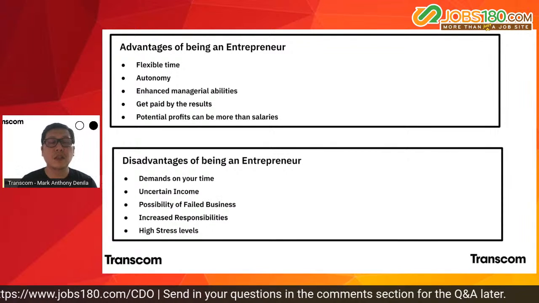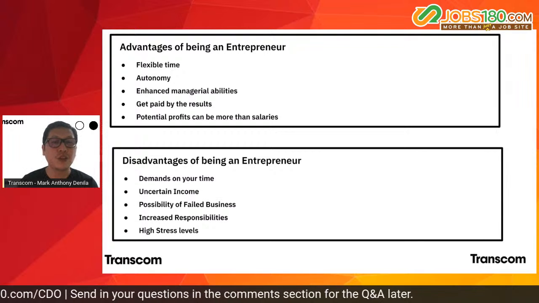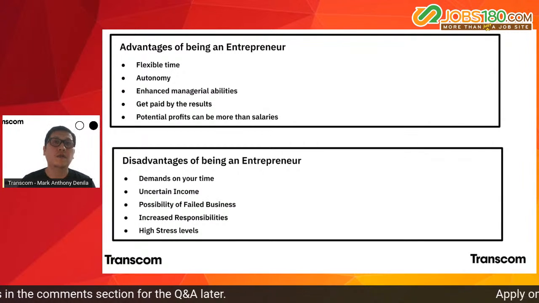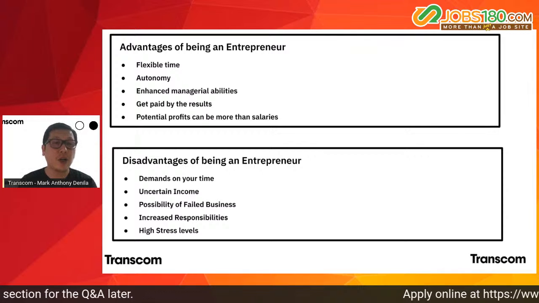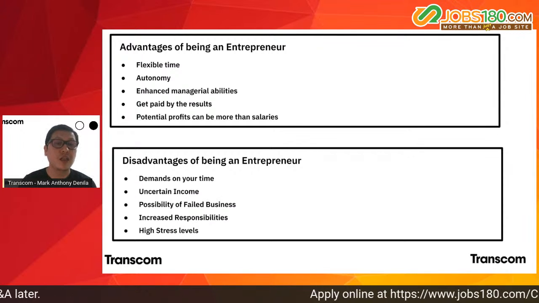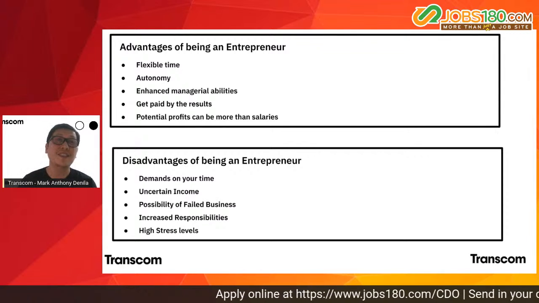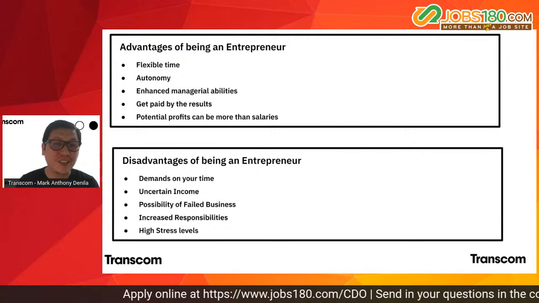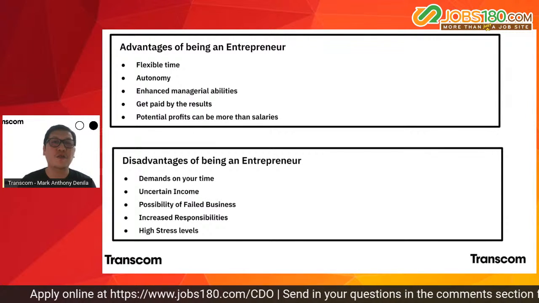So that's the rough estimate. But I hope that number wouldn't stop you from being an entrepreneur when the time comes. And of course, increased responsibilities, which would lead to high stress levels. So these are the disadvantages of being an entrepreneur.